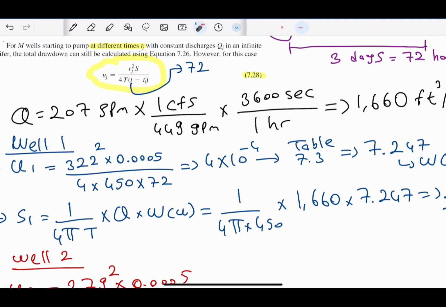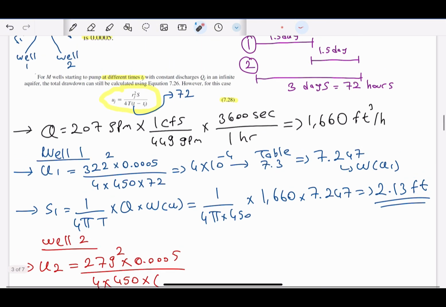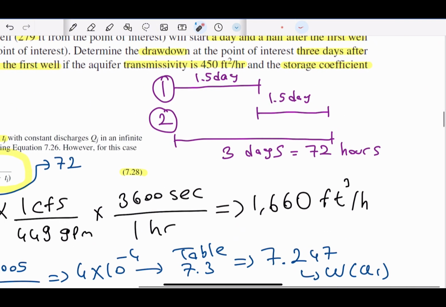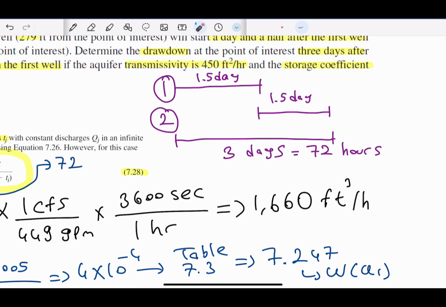It says T minus Ti. So when we look here, we have 3 days in total, so T will be 72, and Ti is equal to this 1.5 days, which is 36 hours.